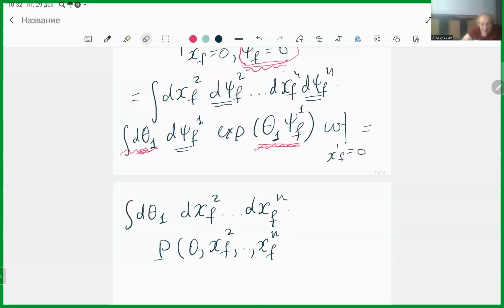Sorry, I cannot draw properly. And here I get theta 1 and the rest of thetas are zeros, 0, 0. And then I have x base, psi base. Yes, so now I am ready to answer questions.